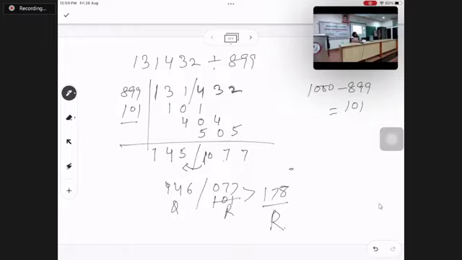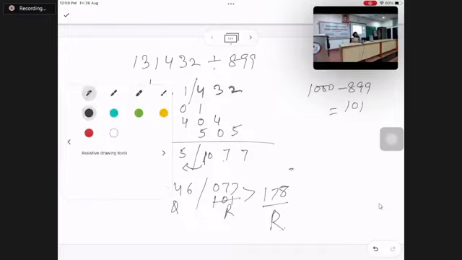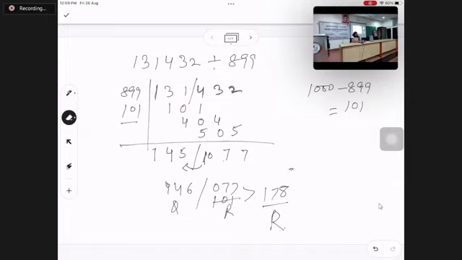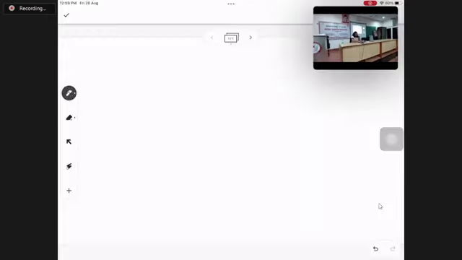Now again, there is a problem here. Suppose you have divided a number by 99. 99 is closer to 100. So what is the modified divisor? Not 1, it is 01. Another thing I want to tell you here is that 0 plays a very important role in Vedic mathematics.